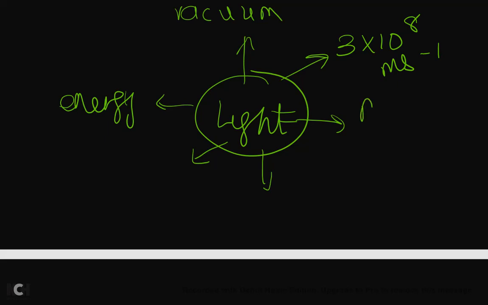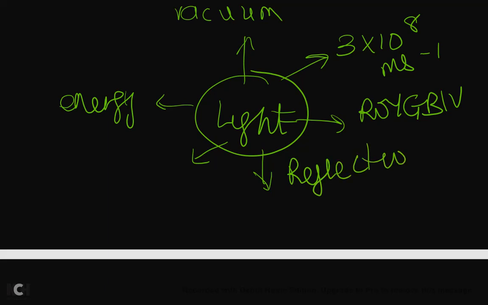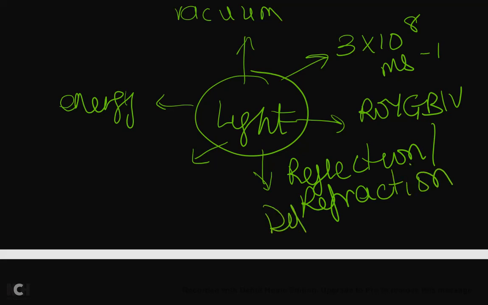It is made up of all of the colors of the rainbow, ROY G. BIV. Light can undergo reflection. It can be refracted. It can also be diffracted, or I could have interference taking place.